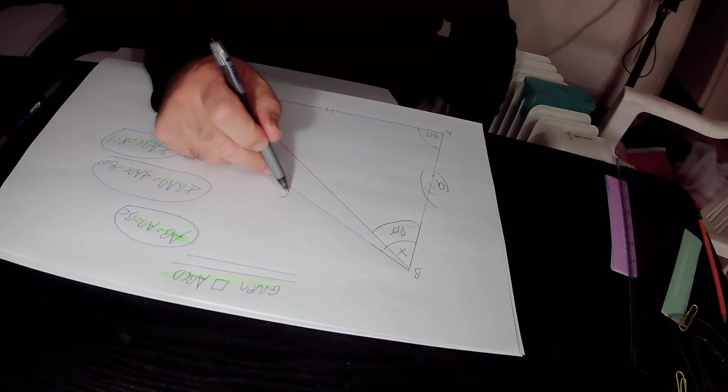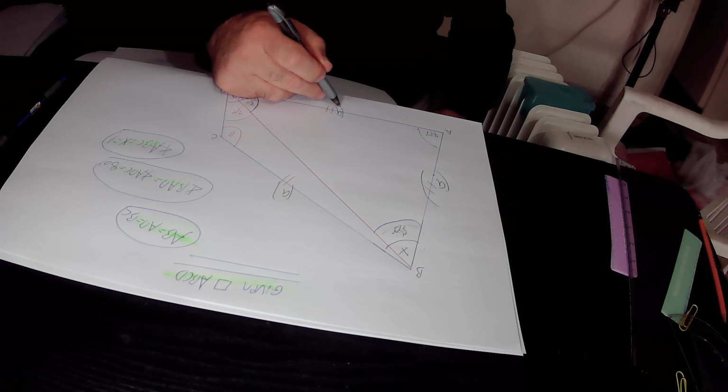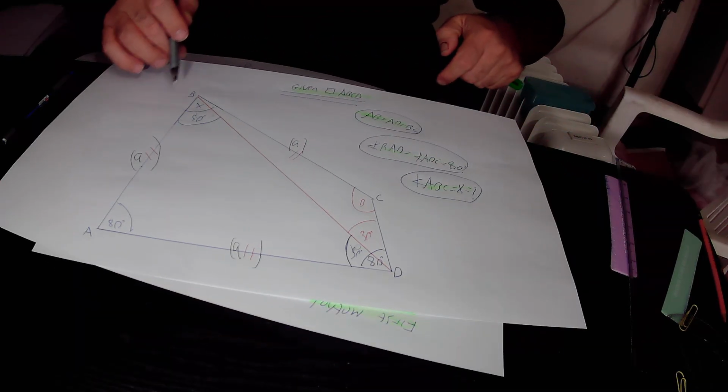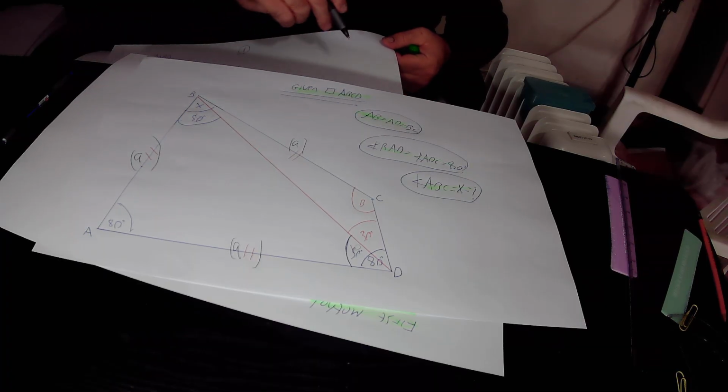So BC equals a, and AD also equals a. So according to the law of sines, BA over sine 50 degrees. BA is a, so let's substitute BA by a.